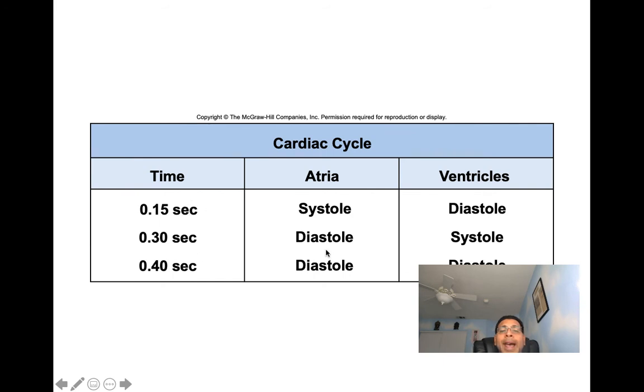Then atrial diastole and ventricular systole lasts for about 0.30 seconds. And then complete diastole will last for about 0.40 seconds. So you can see each cardiac cycle, each heartbeat, is an event that will last 0.85 seconds. Very fast, very fast.